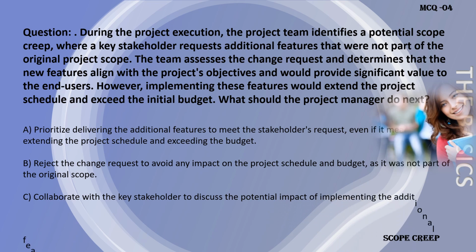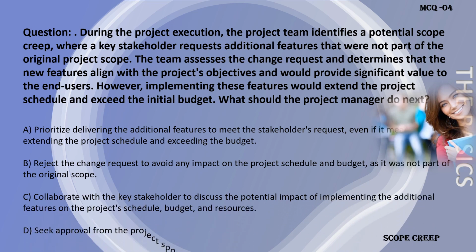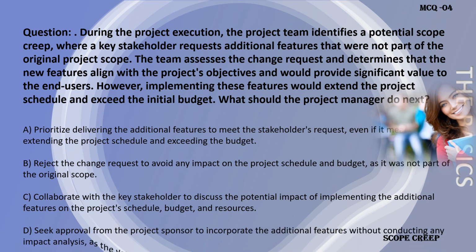A. Prioritize delivering the additional features to meet the stakeholders' request, even if it means extending the project schedule and exceeding the budget. B. Reject the change request to avoid any impact on the project schedule and budget if it is not part of the original scope.